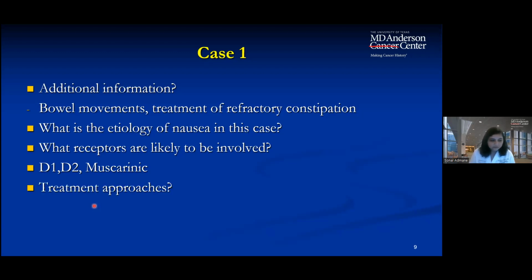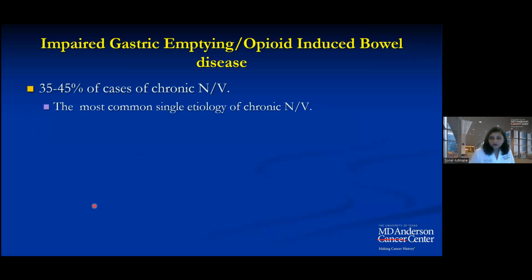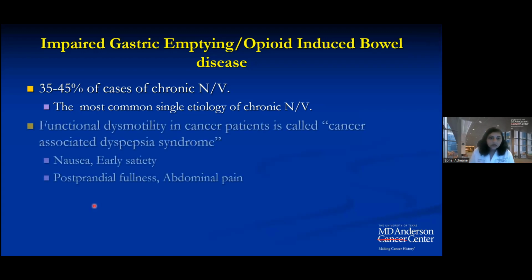And how do we approach the treatment in this patient? So I think almost everybody in the audience got it right. So impaired gastric emptying and opioid-induced bowel disease is actually one of the most commonly seen etiologies in patients with cancer who are on opioids and even advanced cancer.